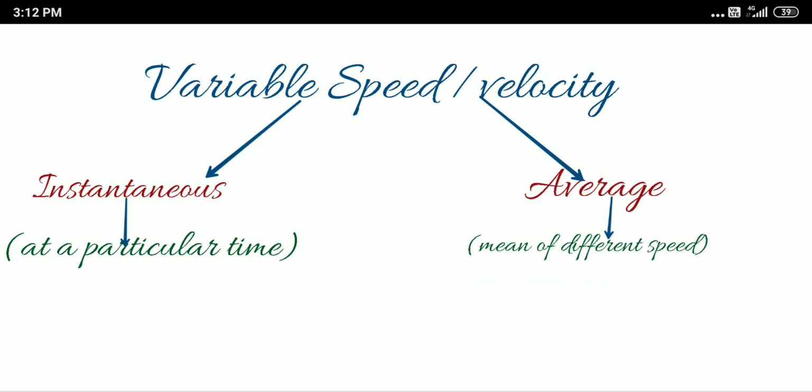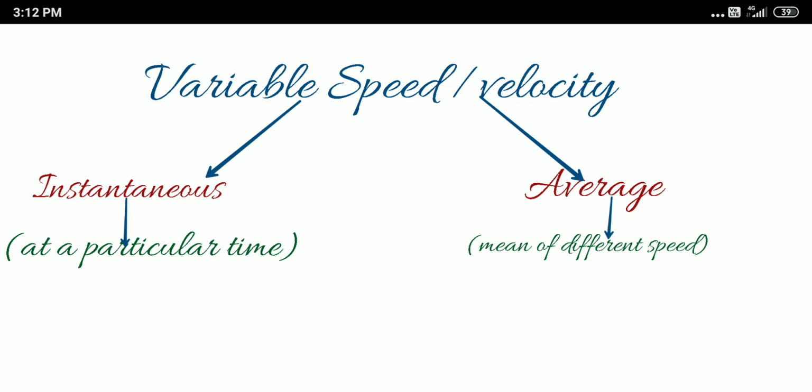Now, we are discussing variable speed or variable velocity. When an object is moving with variable speed or velocity, it can be determined either by instantaneous speed or average speed.